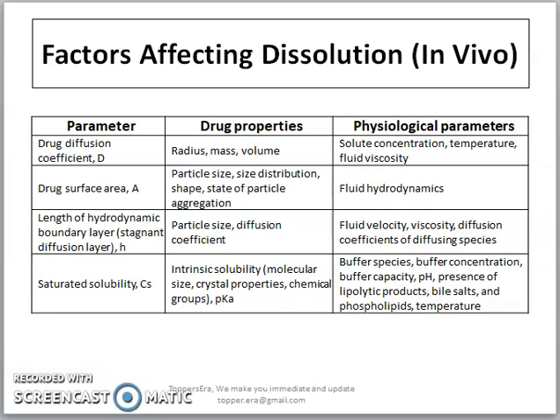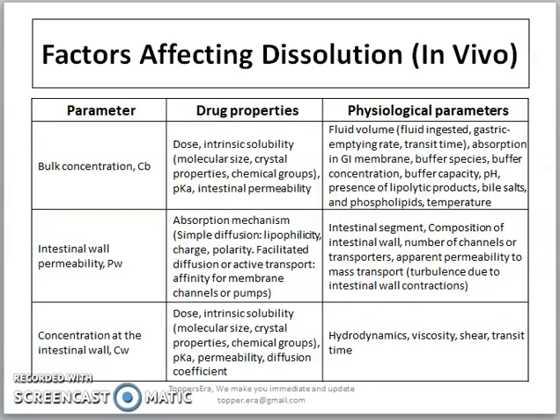Physiological parameters like buffer species, buffer concentration, buffer capacity, pH, presence of lipolytic products, bile salts, phospholipids and temperature affect saturated solubility of the drug. The fifth parameter is bulk concentration.